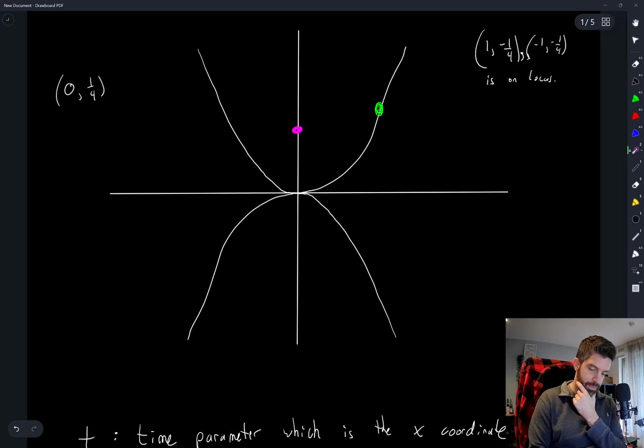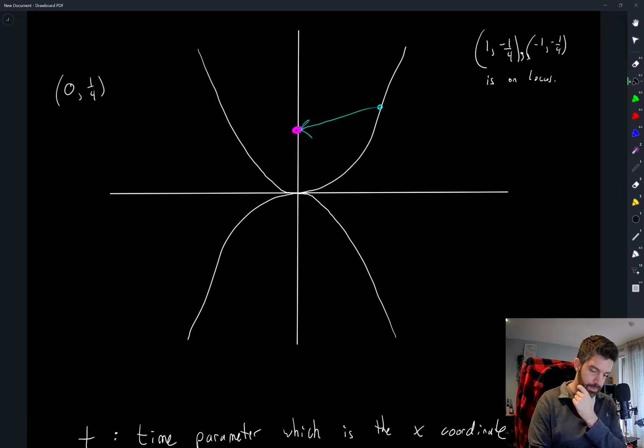This vector doesn't rotate, but the origin point of this vector, I know where it goes to, and the direction of the vector just rotates.